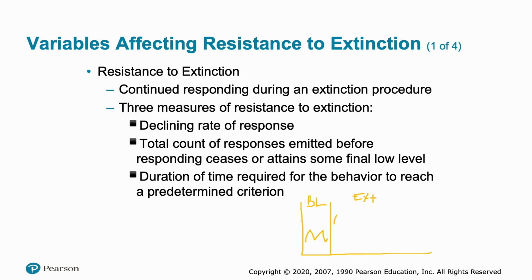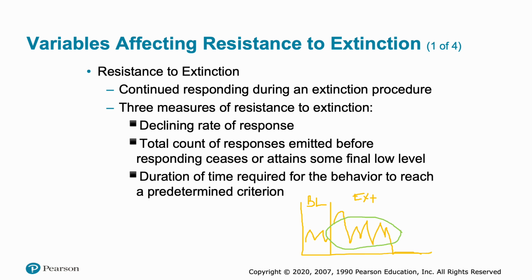We see the behavior go up, and then it starts going down, but instead it really remains kind of like this for a while until eventually it finally reduces to those 0 levels that we wanted to see. This is what we refer to as resistance. Let me clarify what I mean by this. This here is what we refer to as resistance to extinction.